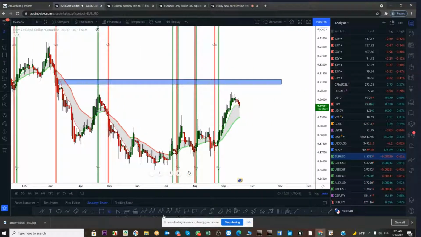Possibly what we can see right here is a fall all the way here first. Then after this, we're gonna get this to continue. But this will not be a good trade because we do expect the New Zealand index to get weak.